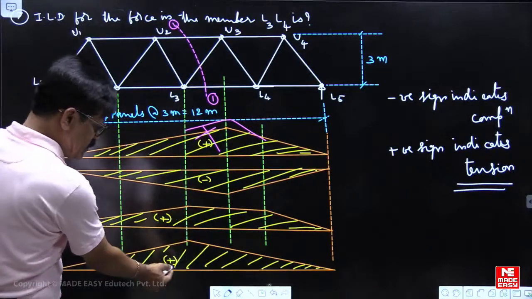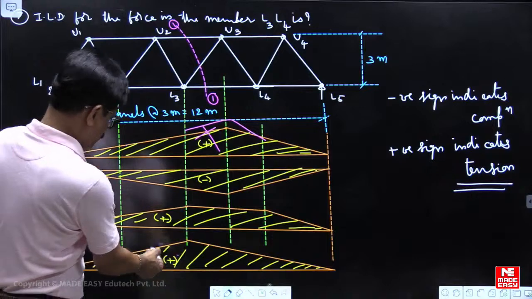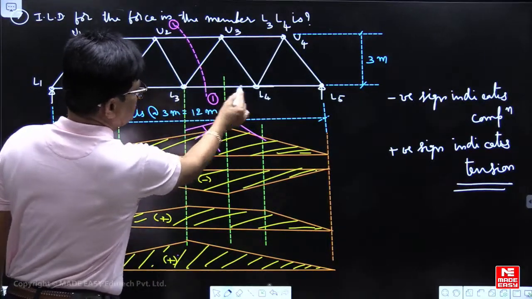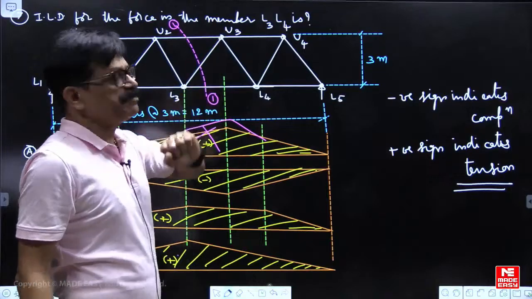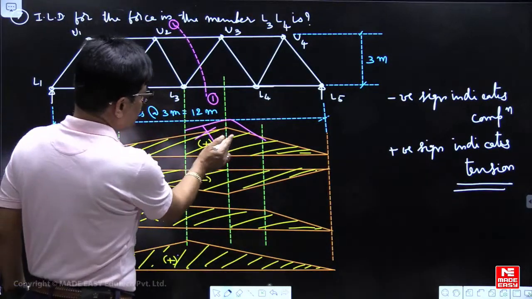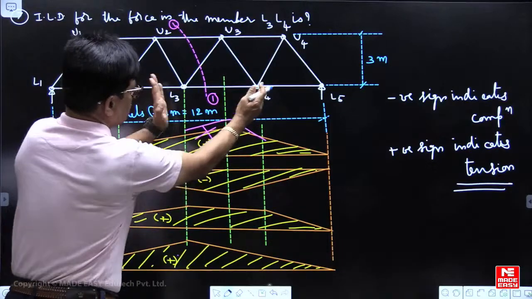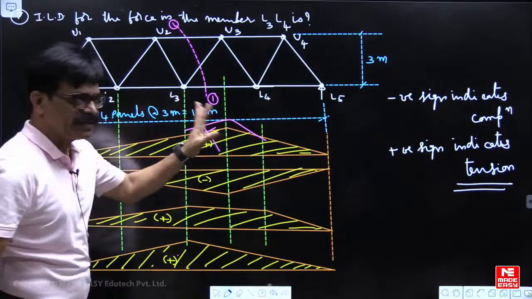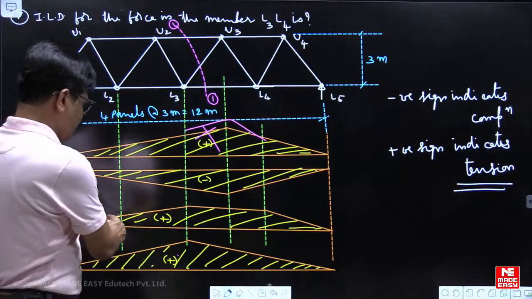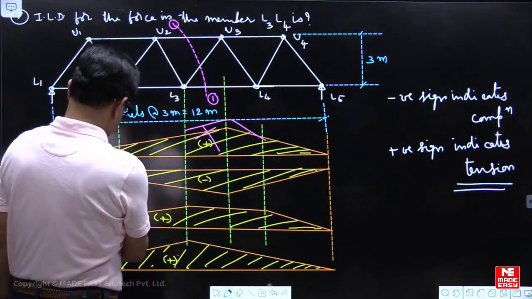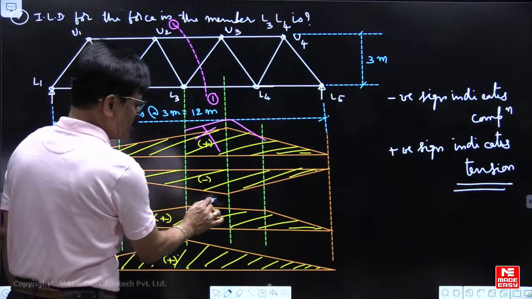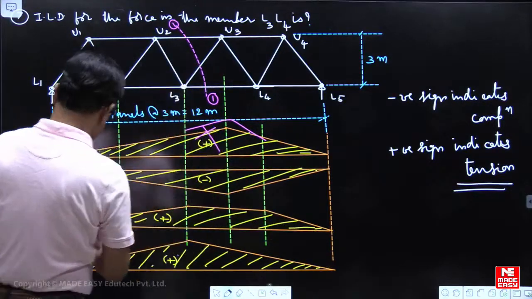Now this also had plus. When I am cutting L3, L4, unwanted members meet at U3. But if I take this one, L3, L4, two lines were there, so it is wrong. If I take this one, everywhere tension only was there, single straight line, single straight line, single straight line, single straight line.